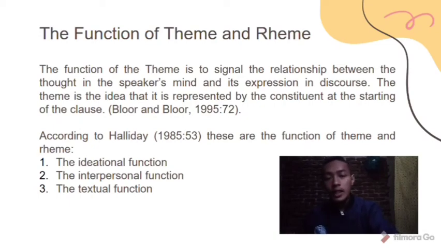Okay, so the main function of the theme is to signal the relationship between the talk in the speaker's mind and its expression in discourse.